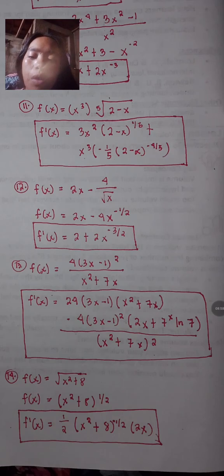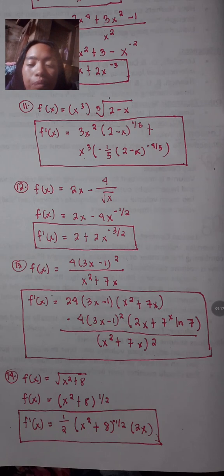F of x is equal to 4 times the quantity of 3x minus 1 raised to 2 over x squared plus 7x. Since it is division, we're going to use the formula v du minus u dv over v squared.